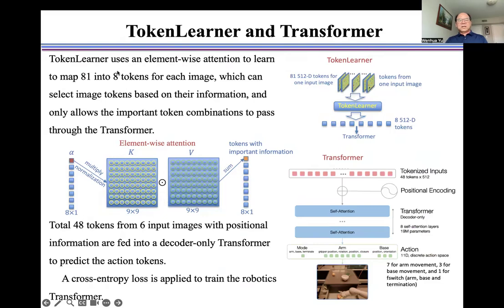TokenLearner uses element-wise attention to learn to map 81 to 8 tokens for each image, as shown here. This element-wise attention and this tokenizer.